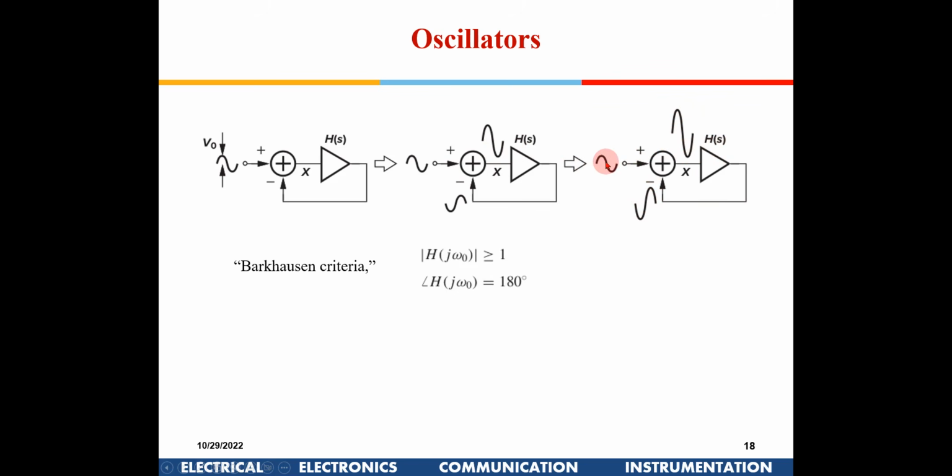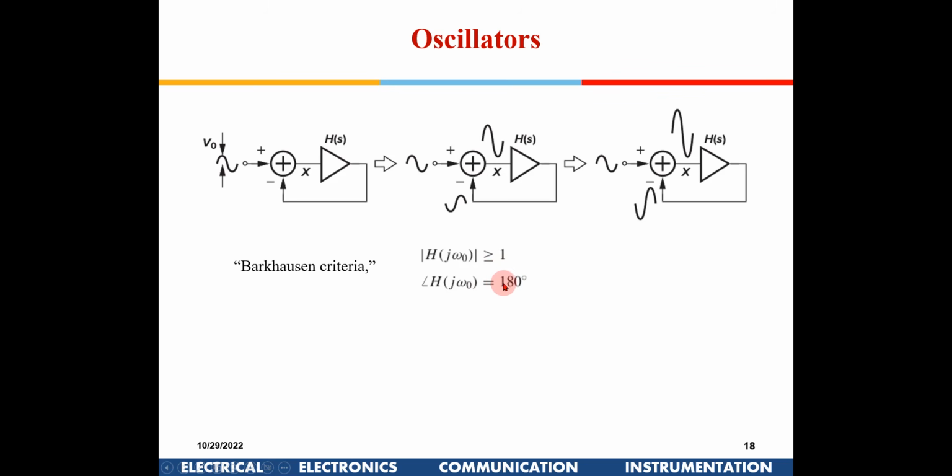But even if this is not there, because of some noise, for that particular frequency where it meets the criteria of gain equal to 1 and phase equal to 180 degrees, this will give me an output.